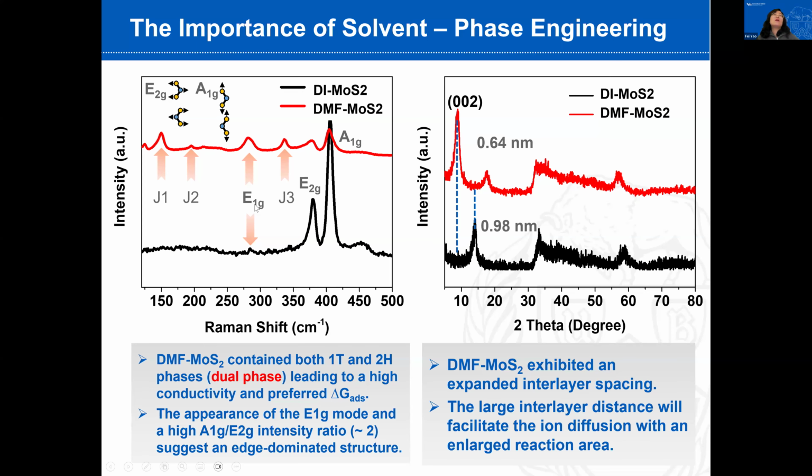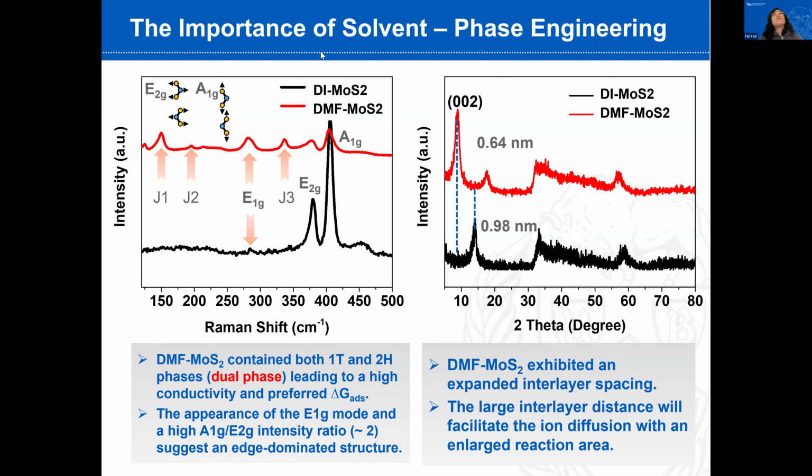All right, in this slide, I'd like to discuss the importance of the solvent. As I mentioned previously, using the DMF, we can obtain the dual phase MoS2. This is evidenced by the Raman plot. For the MoS2 synthesized just in DI water, you can obtain the clear E2G and A1G peaks, which are the feature peaks of the 2H phase MoS2.